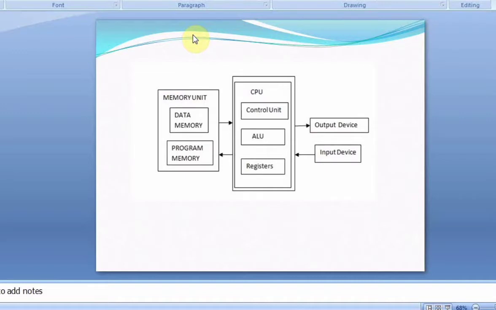It has a CPU, that is a central processing unit, which contains the control unit, arithmetic and logic unit and the registers, and there is a memory unit, a physical area for memory, which contains the data memory and the program memory. But remember that only a single memory unit is present for the instructions and the data. Along with it, it has input and output devices.